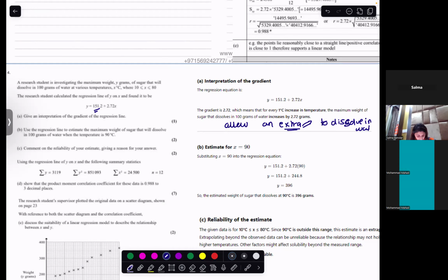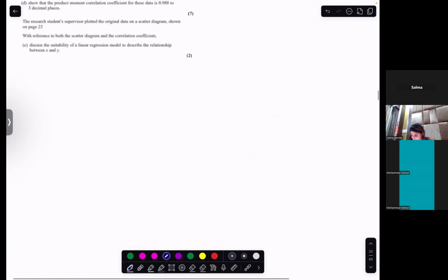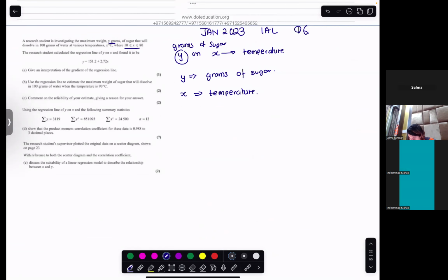Use the regression line to estimate the maximum weight of sugar that will dissolve in 100 grams of water when the temperature is 90 degrees Celsius. So how would you start this? We'll write y equals 151.2 plus 2.72 brackets 90. First, I write the equation. Now, what do they want from me?